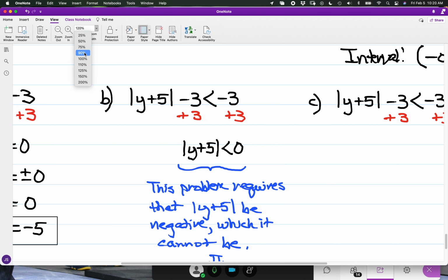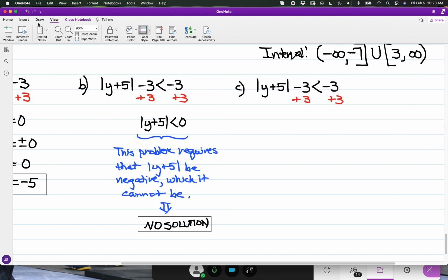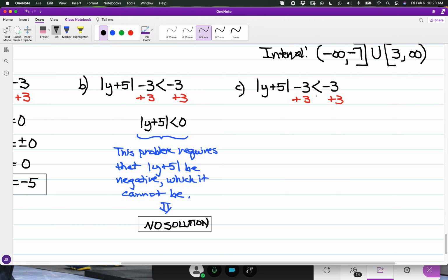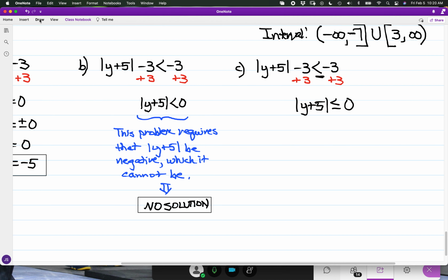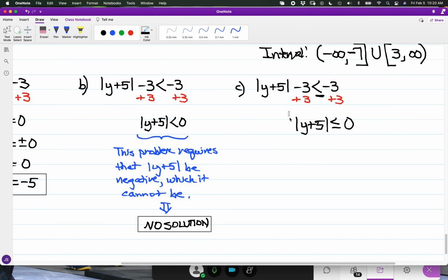Now we have the inequality to be less than or equal to. And if I add 3 to both sides, now we have that the absolute value of y plus 5 is less than or equal to 0. I'm just going to mention, I'm going to copy this because there's a bit of a twofold situation that is involved.